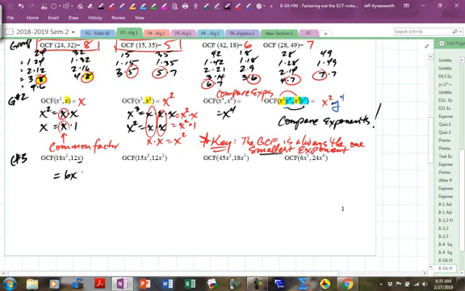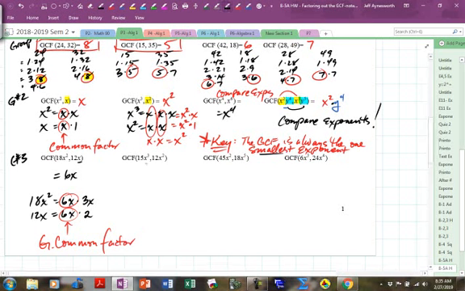You can write 18x squared as 6x times 3x, and you can write 12x as 6x times 2. Notice that this is in common, so it's called the greatest common factor, because you can re-express the terms using that GCF.